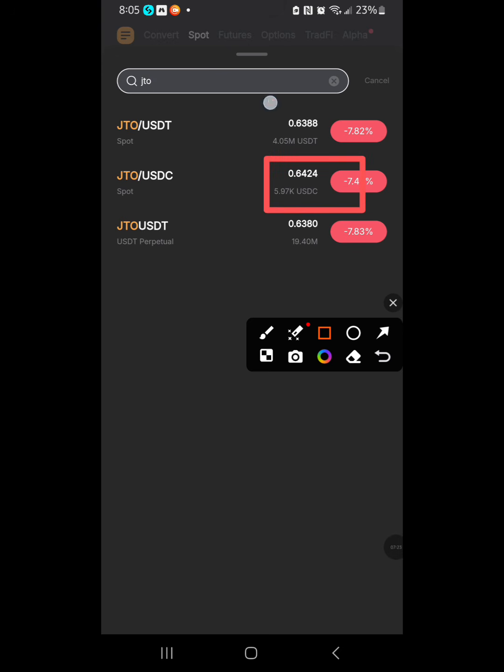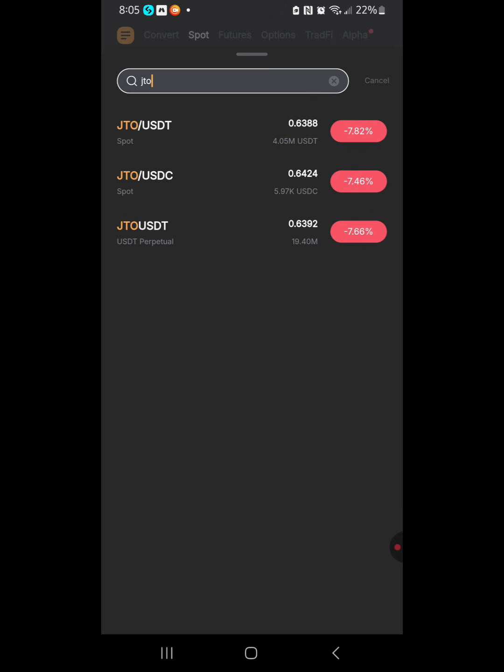We have the second price here at 63.88. So as an arbitrage trader, what does this imply? This simply implies that the JTO USDT is trading at a lower price and the JTO USDC is trading at a much higher price. These differences happen as a result of price movement.